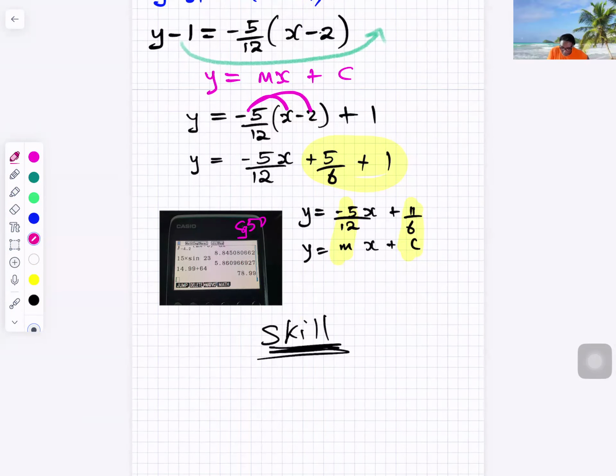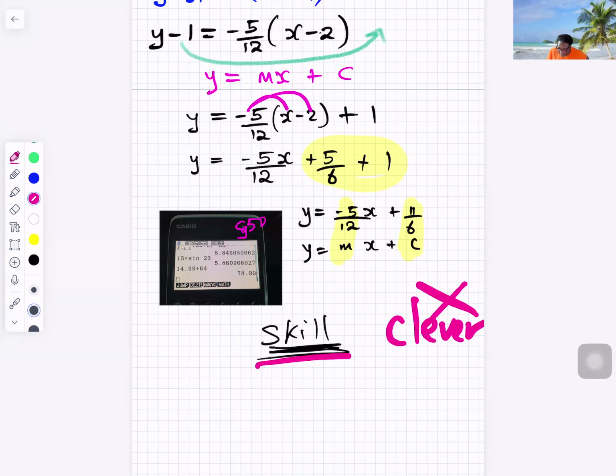It's not something where somebody will say, oh, I'm good in geometry because I'm clever. None of that. When you're good in A-level maths, it's because you've practiced, and skill is what people get by practice. Nobody's born to know these things. To know this stuff takes a lot of regular practice, so that you can just do them quickly in an exam.